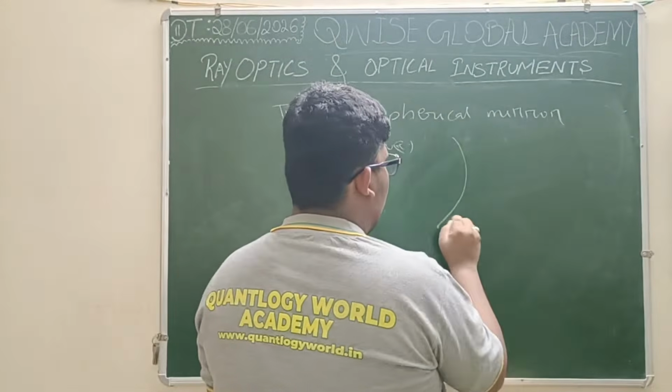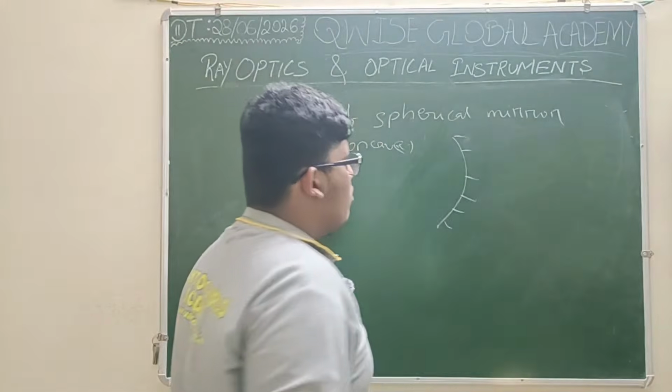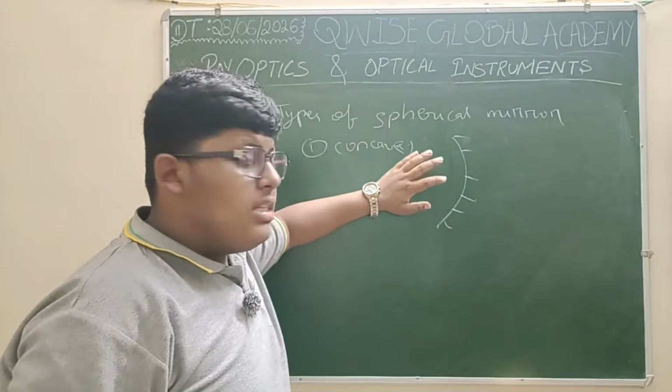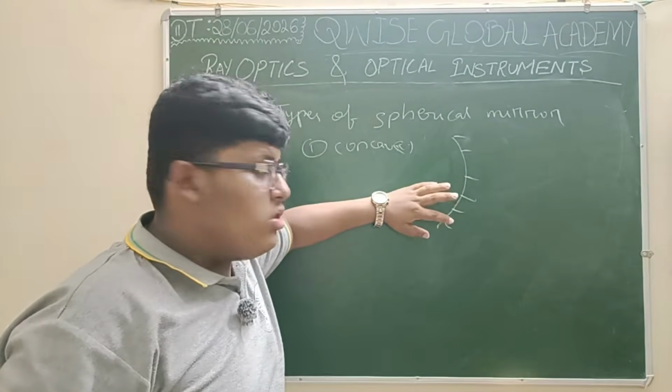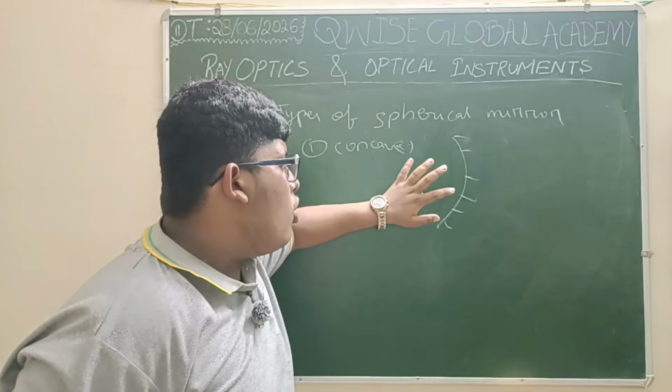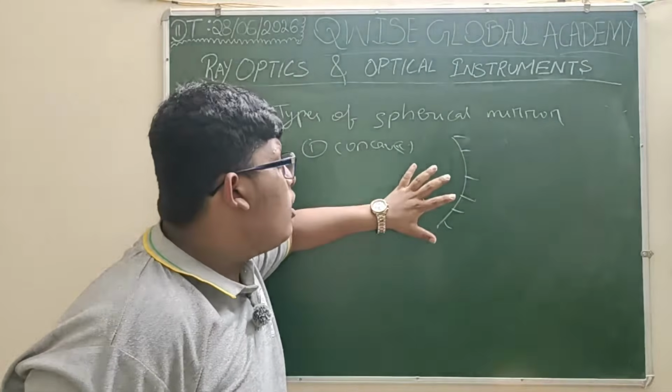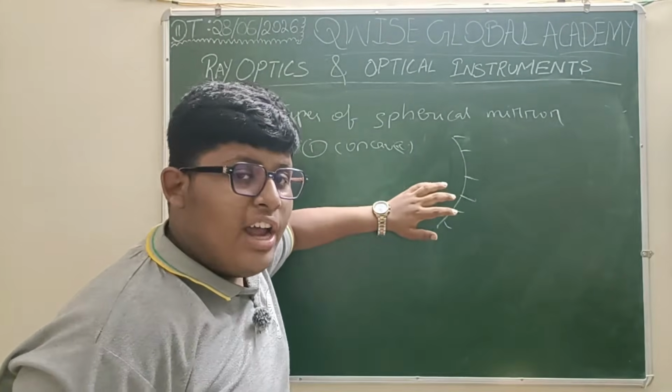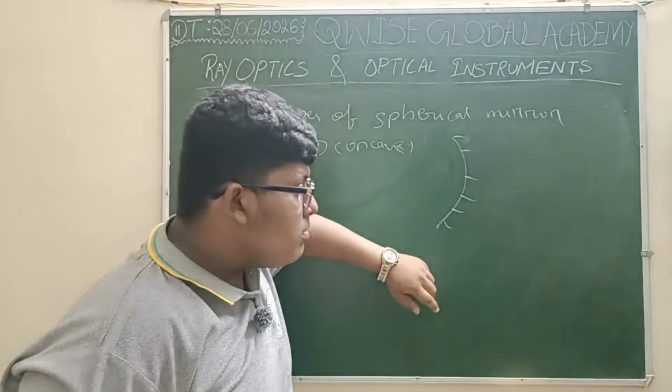So this is the concave mirror, whose inside part is a reflecting surface and outside is silver polished. So we can say, what is concave mirror? The mirror whose inward surface is highly polished or a reflecting surface.